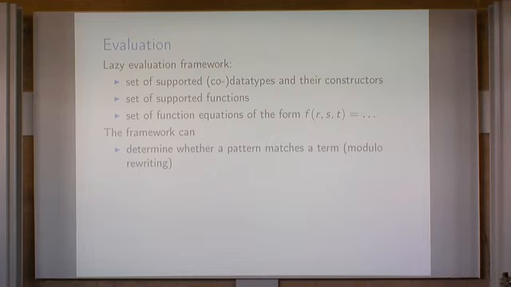And then the framework essentially applies rewriting until it can decide, for instance, pattern matching. So you can ask, does this pattern match this term modulo rewriting? And the framework will apply the function equations until it can decide that, and then give you the result. It can also compute a head normal form, so it can compute the leading term of an expansion, for instance.